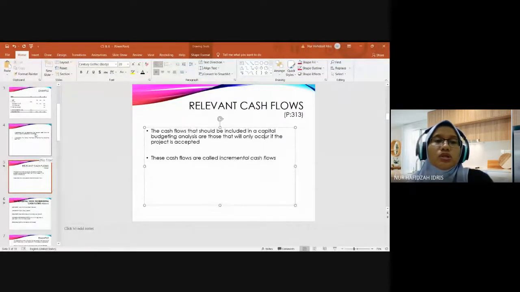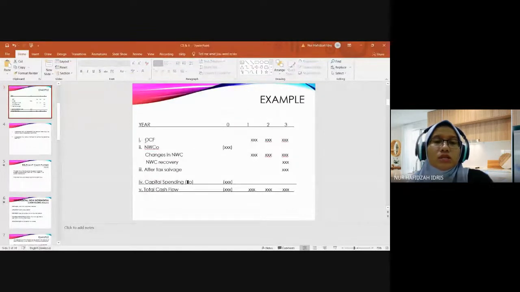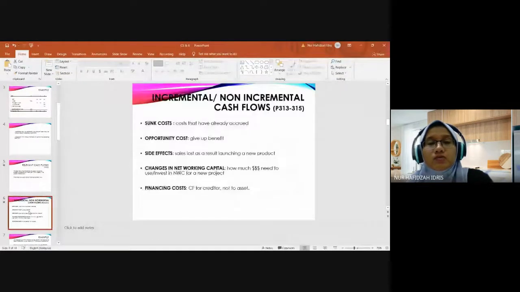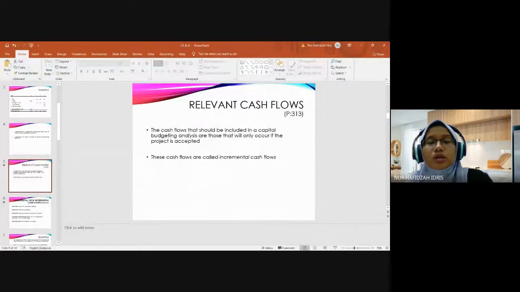So in order to determine the cash flow for the project, we only consider the incremental cash flow. So what is the incremental cash flow? Incremental cash flow refers to the cash flow that is only relevant with the existence of the project.